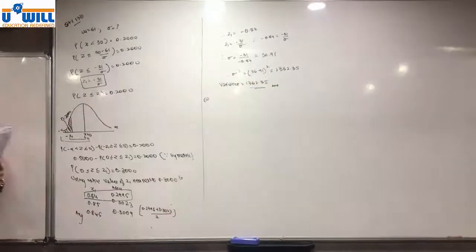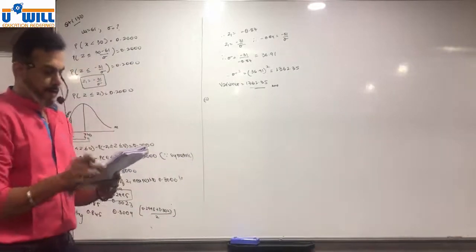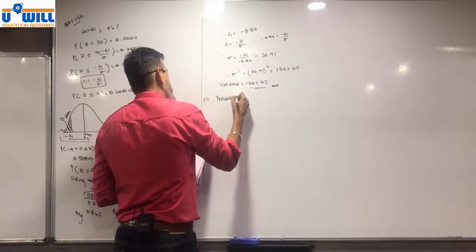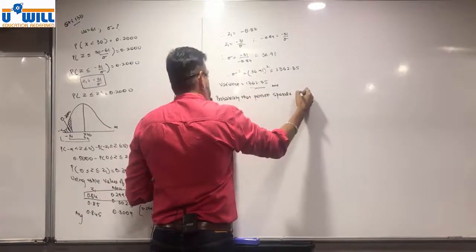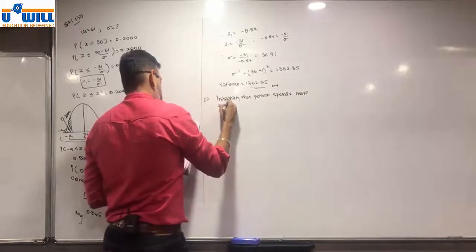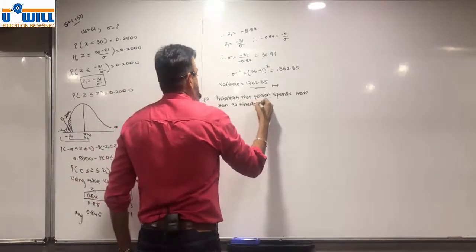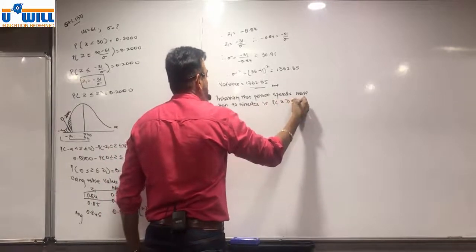Now the second part: what do we have to find? We have to find the probability that a person spends more than 90 minutes, that is probability of X greater than or equal to 90.